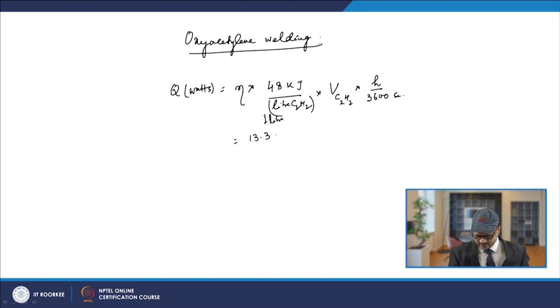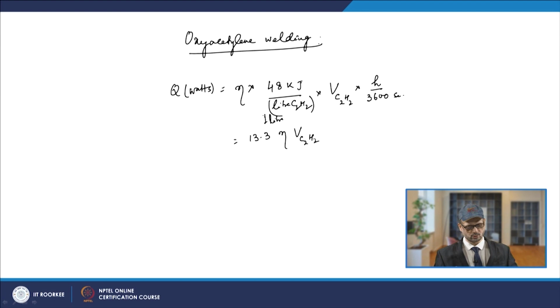Now it is 13.3 times eta times the volume of C2H2. So this way you can calculate; if you know the volume of C2H2, you can measure the efficiency.